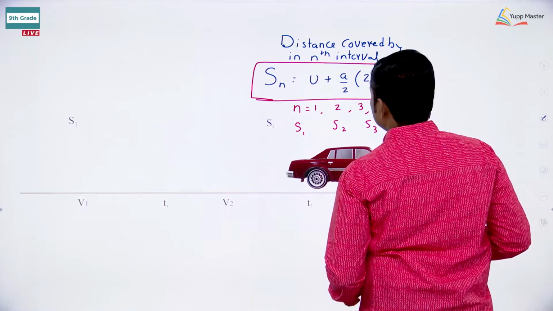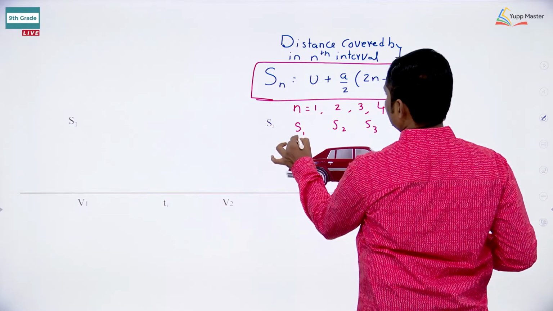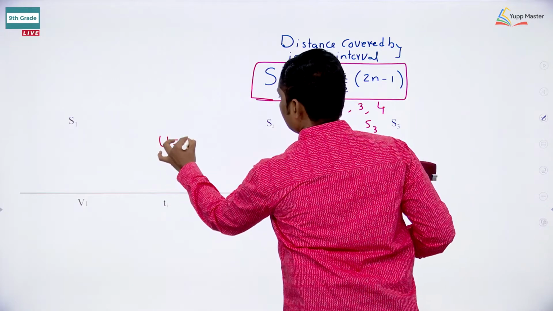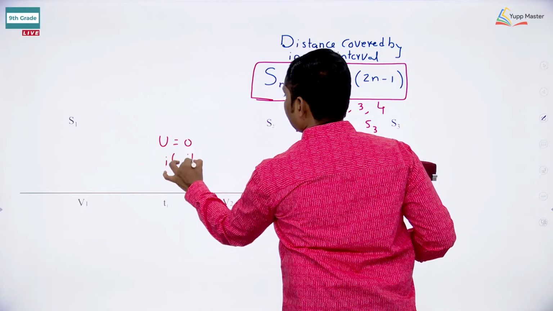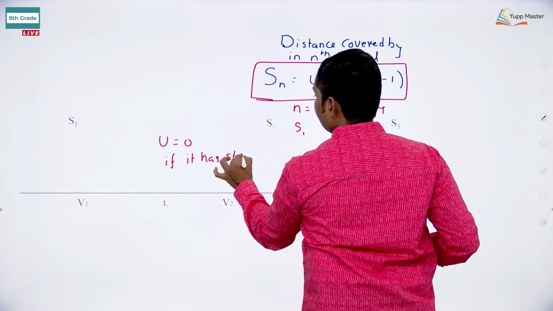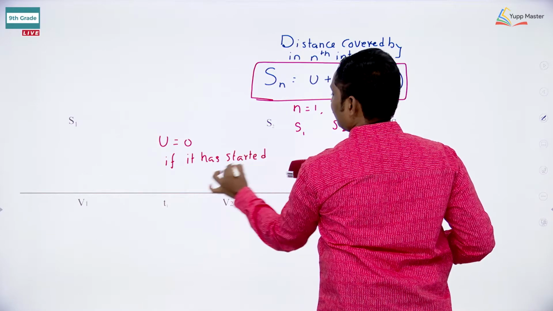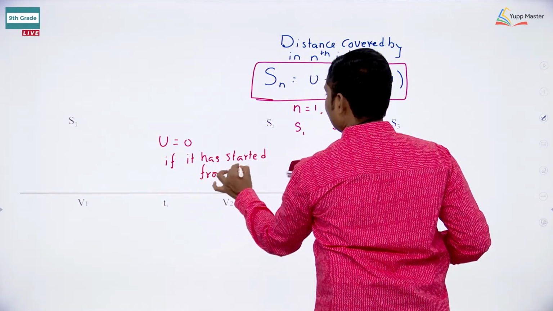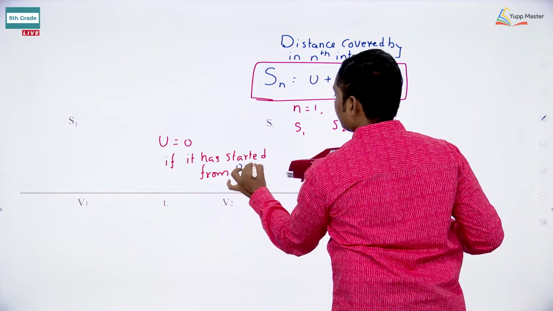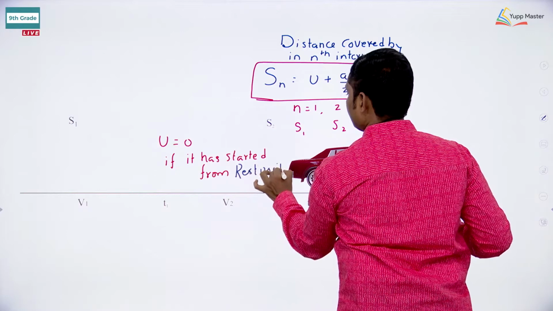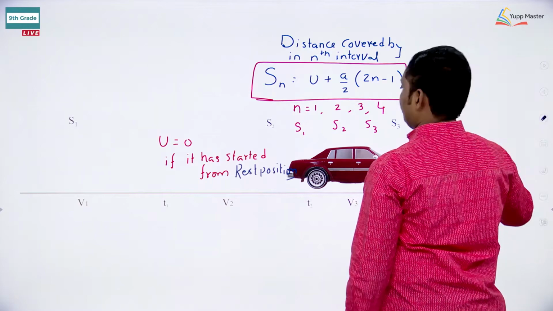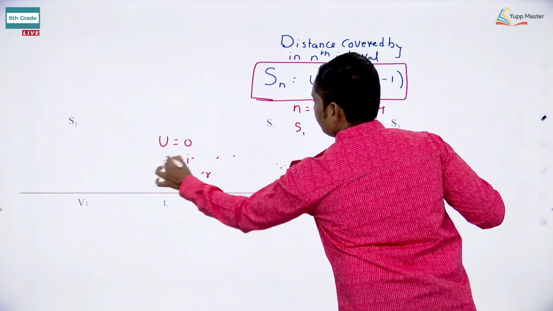Now, you are taking that u is equal to 0 if it started from the rest position, right.